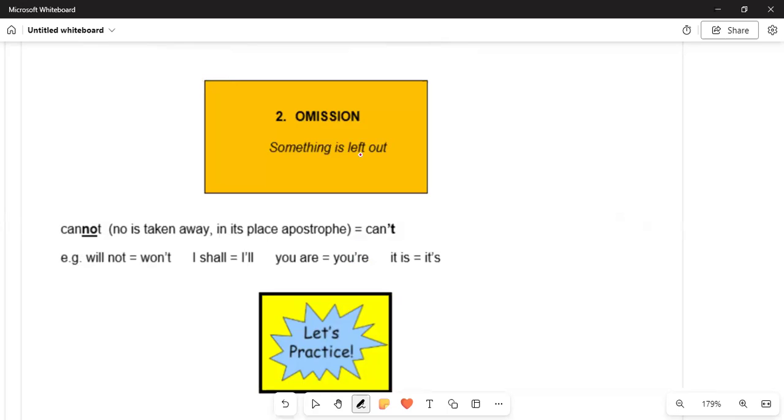The letters no are taken away, and in their place an apostrophe, and then you write can't. You use the apostrophe to ensure that there is omission, something that is left out is replaced by an apostrophe, and then the letter T to show omission. I hope that is very clear.